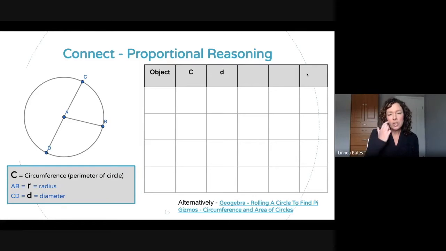Is there anything you can think of that might be a helpful calculation for students to do involving circumference and diameter, that could help them see the relationship between the diameter and the circumference? So is there any calculation or operation we could do using diameter and circumference that would help students start to see the proportional relationship between those two?